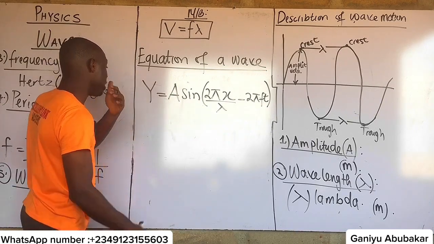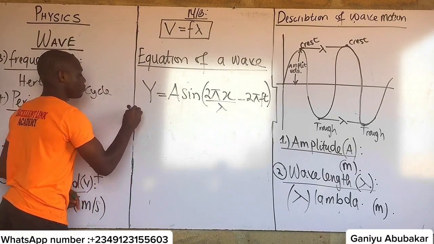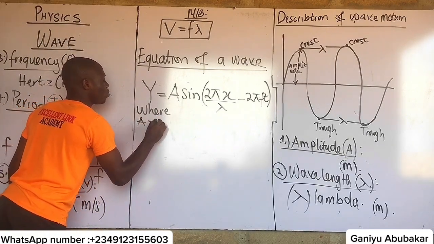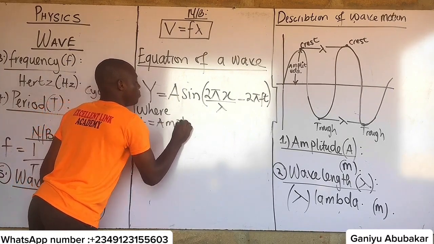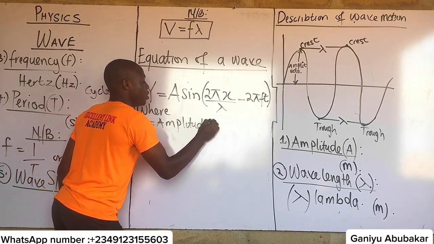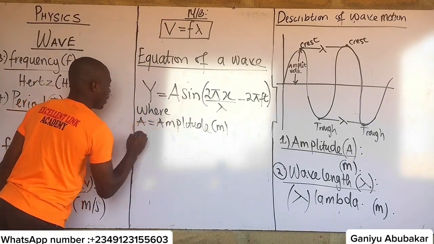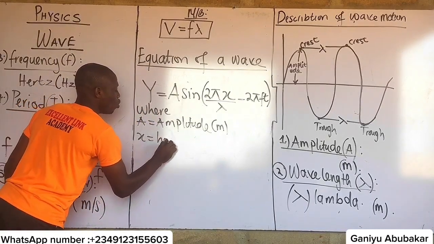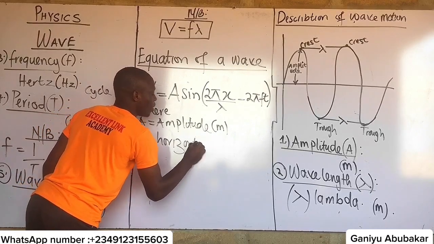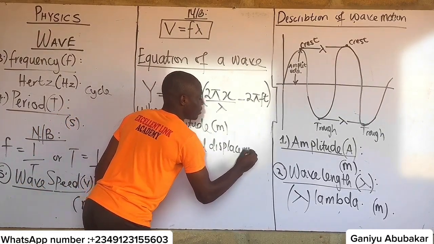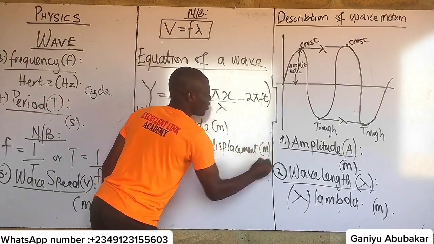Let's find out what each symbol is called. A is called the amplitude, measured in meters, where x is called the horizontal displacement, measured in meters.